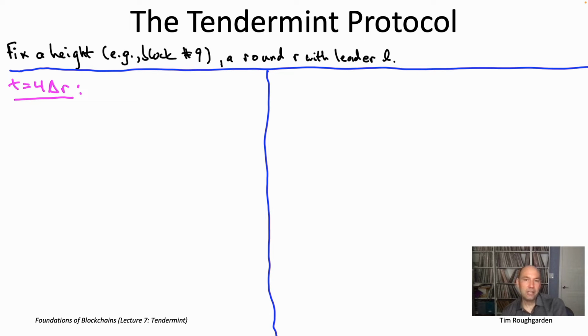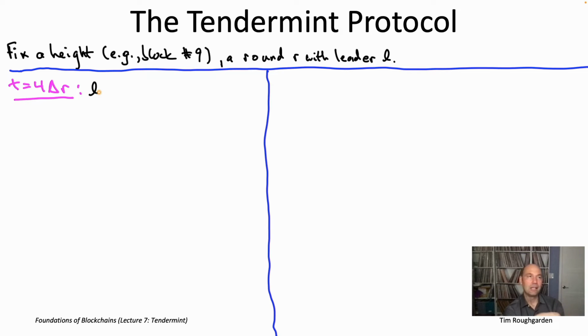So what should the leader propose, assuming, of course, that the leader is honest? Well, remember, each node, including L, has its locally stored variables, B sub L and QC sub L. So that's one option for what to propose. But I mentioned the periodic updates on the last slide, and this is a key point where a node is going to do a periodic update of its local variables. So this leader L is going to ask itself, what is the most recent quorum certificate I ever saw or heard about?